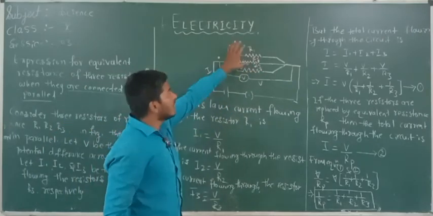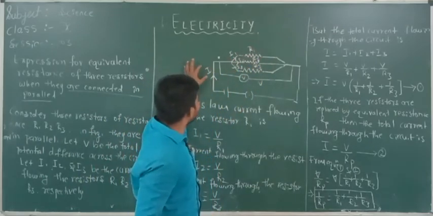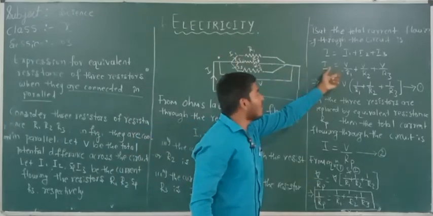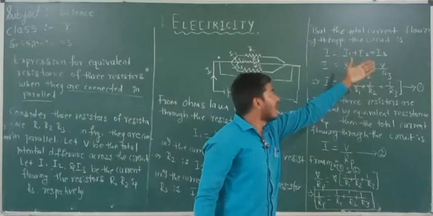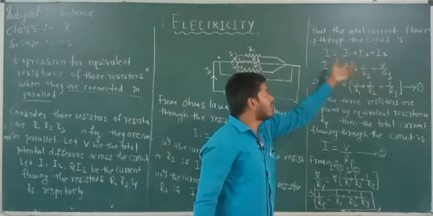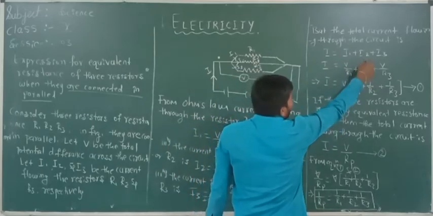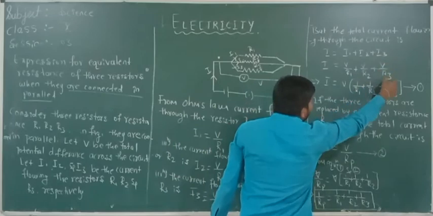But the total current flowing through the circuit I is equal to I1 plus I2 plus I3. Now we substitute the values of I1, I2, I3. The value of I1 is V divided by R1, the value of I2 is V divided by R2, and the value of I3 is V divided by R3.